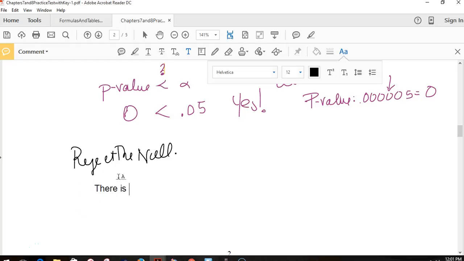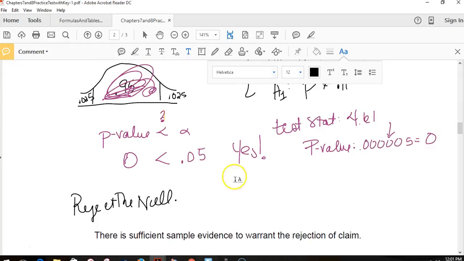There is sufficient sample evidence to warrant the rejection of the claim. That is what I need to see, all 4 parts. I need your hypotheses, I need to see your test stat and your p-value, and then reject the null or fail to reject the null with its conclusion statement afterwards.